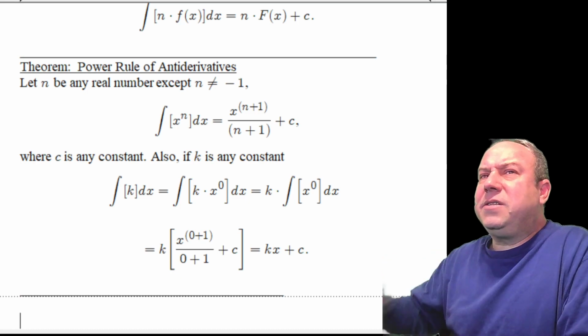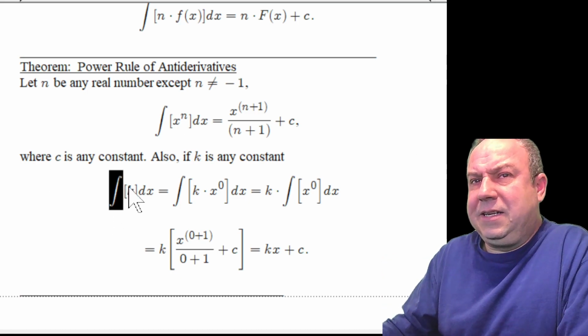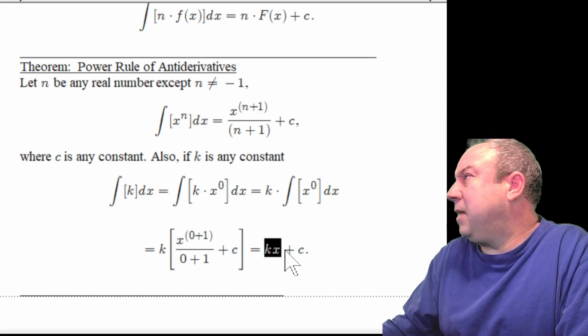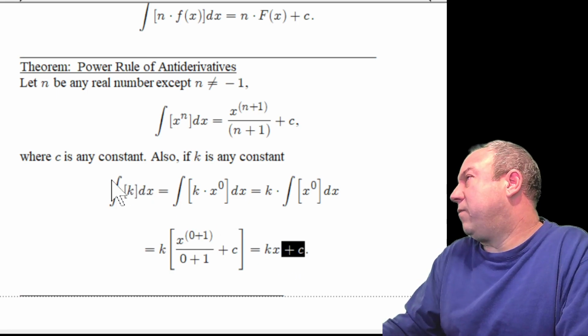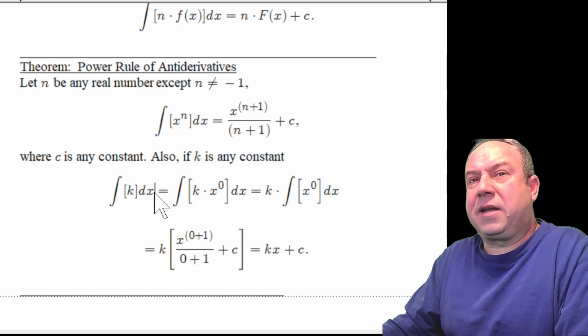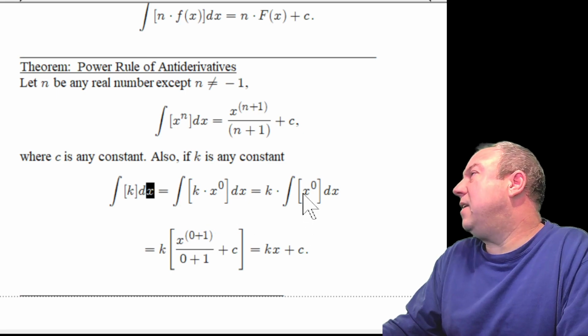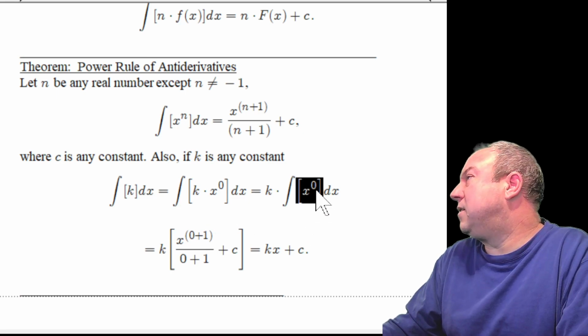But this is the antiderivative rule for a constant. Basically, the antiderivative of a constant is the constant times x plus c, if we're finding the antiderivative with respect to variable x, and that is because that variable x is being raised to the 0 power.